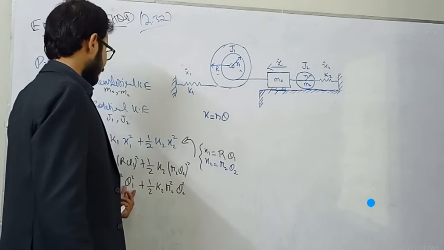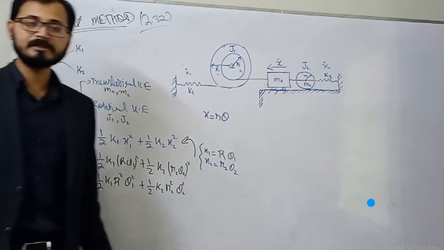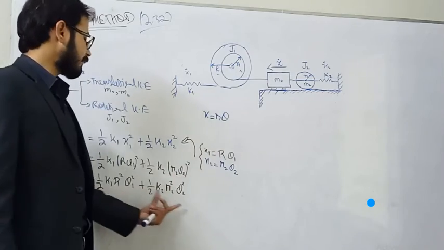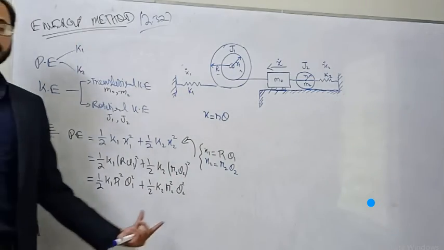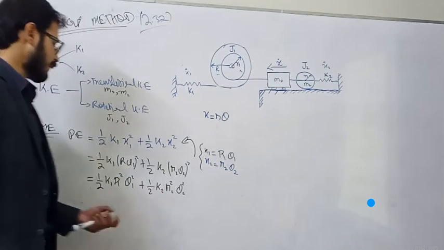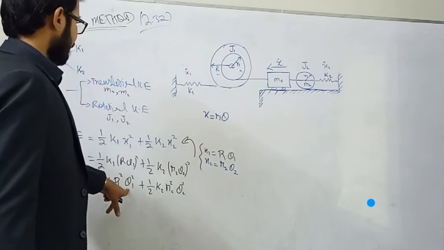We do not need S1 and S2. We do not need theta 1 and theta 2. What we only need is either theta on both elements or x on both of the elements, because now we can equate this equation further.